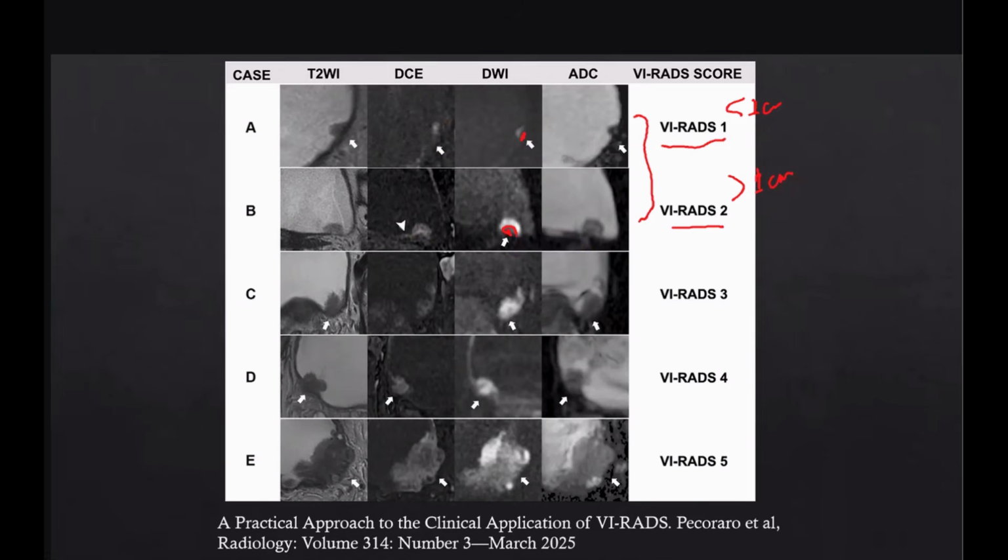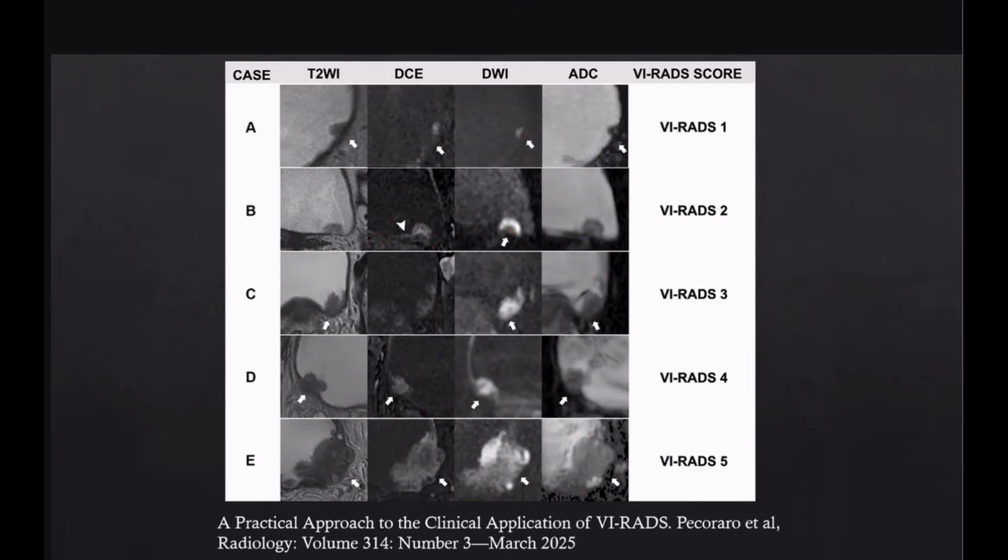Both of these lesions are not invading the muscular layer, and we have here small cleft or very thin line deep to the mass or between the mass and the urinary bladder wall. And sometimes you have this thin enhancing layer of mucosa deep to the mass in the dynamic contrast enhancement. In VI-RADS 3, we don't have these signs.